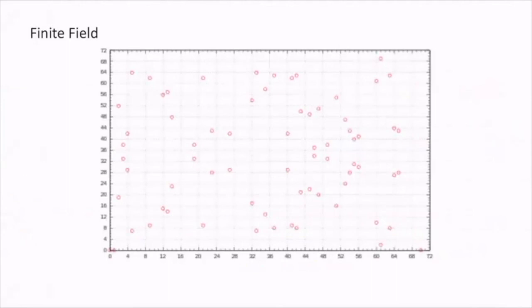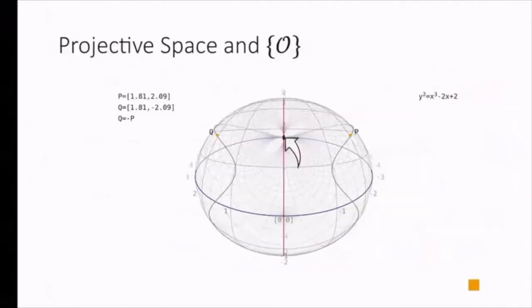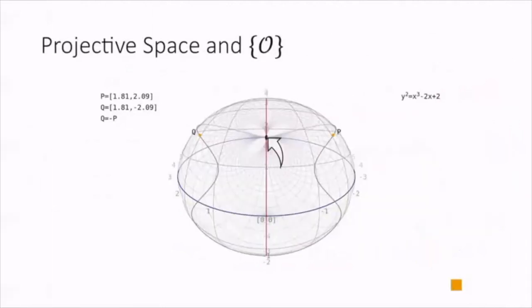And here is a projective space, the elliptic curve in projective space, and we're going to observe a point at infinity at the arrow here. We're not going into detail about the projective space, so if you're interested in projective geometry, feel free to read books about it. This is just showing you what it looks like.